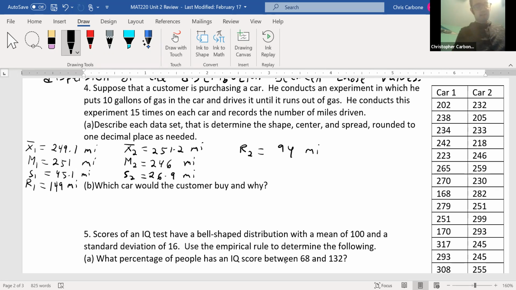So based upon these values, car 1's mean is less than the median, so this is skewed left.